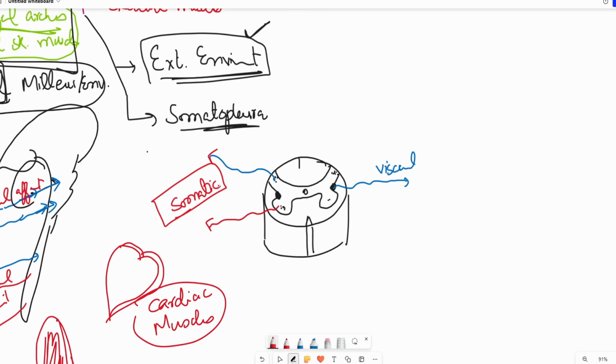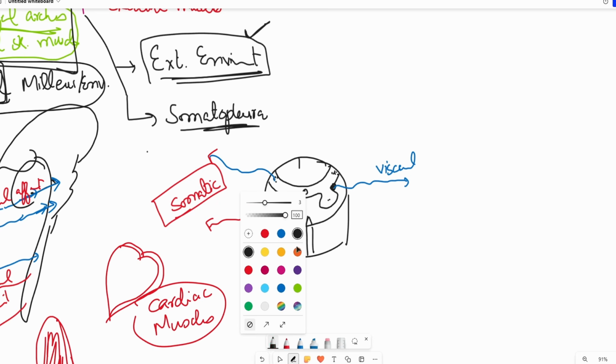So if we talk about spinal nerves, in the cranial nerves the situation is a little bit more complicated. We will not go into that right now, later we will discuss that as well. In spinal nerves, visceral nerve fibers originate from the lateral horn.